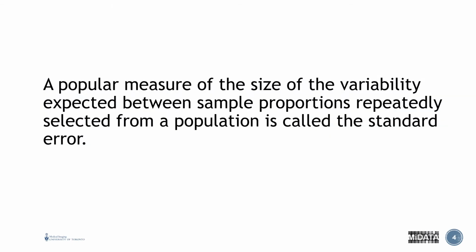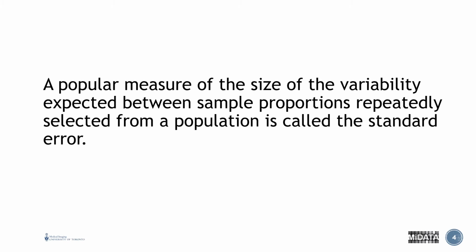So what is this standard error, and why do we need it? We saw in the previous slide that the standard error is useful because we use it to calculate confidence limits, and we also use it to perform a test of significance. But what is it? Really, it's the size of the variability between sample proportions that are repeatedly selected from a population.